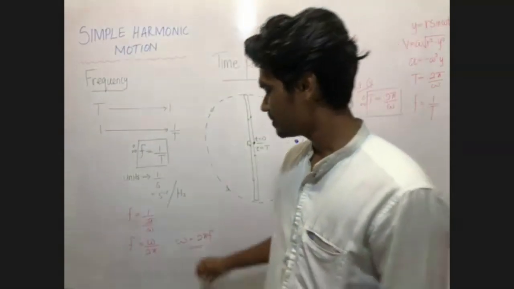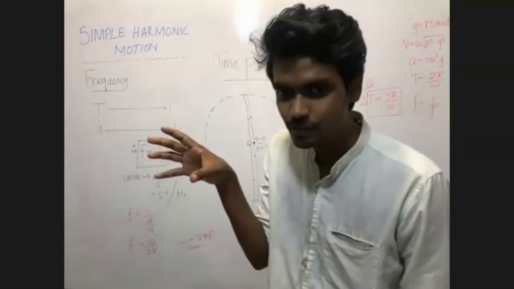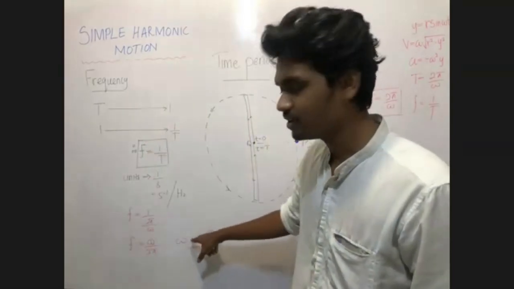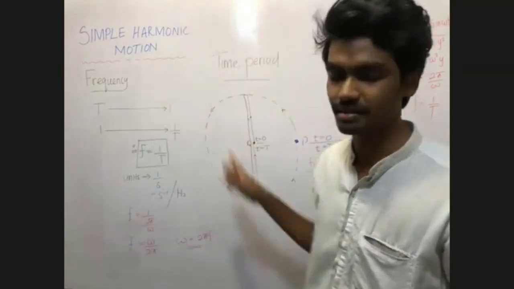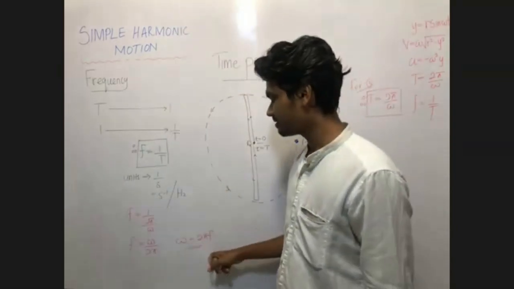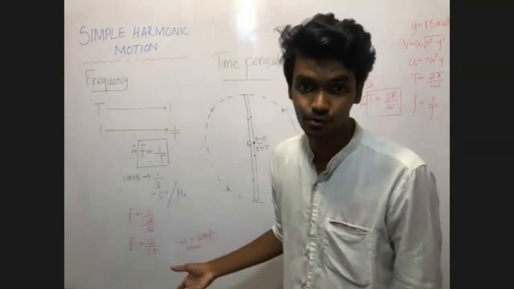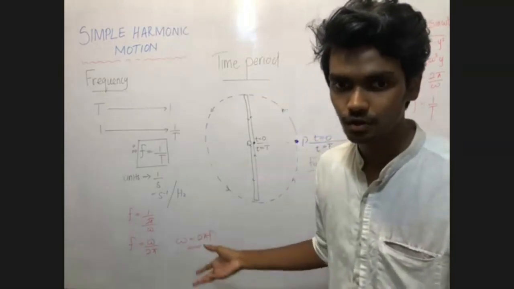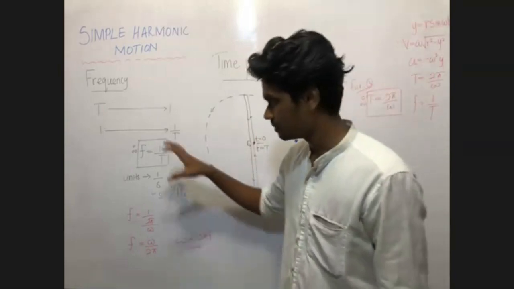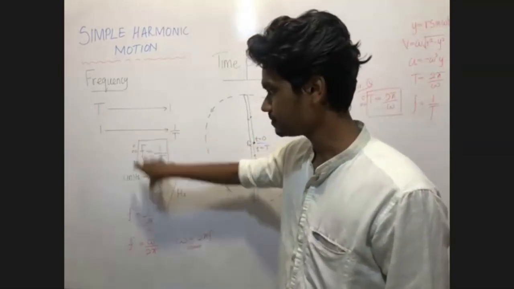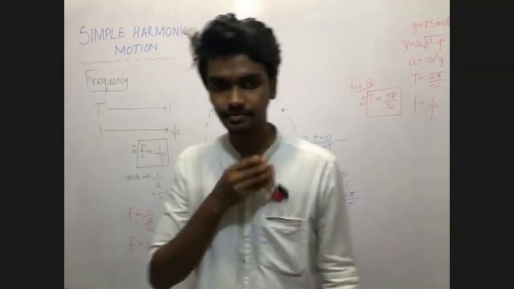You can remember this if you know circular motion properly, where omega is 2 pi n, with n the rate of revolutions. Don't mix up, simply omega can be written as 2 pi F also. Just remember that. I guess that's clear.